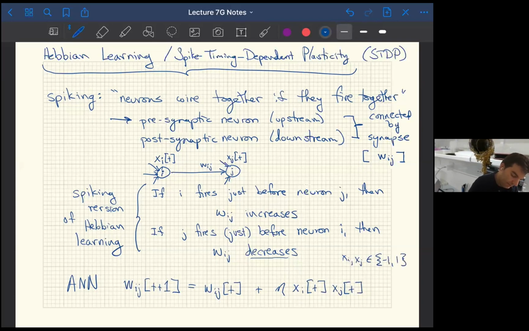And so here we see that those that fire together, meaning those that happen to be in the same state together, get tighter connections to each other, and those that happen to be in opposite states get weaker connections. So this is the ANN version of Hebbian learning.